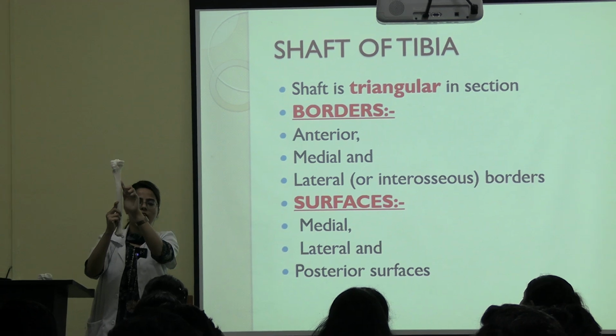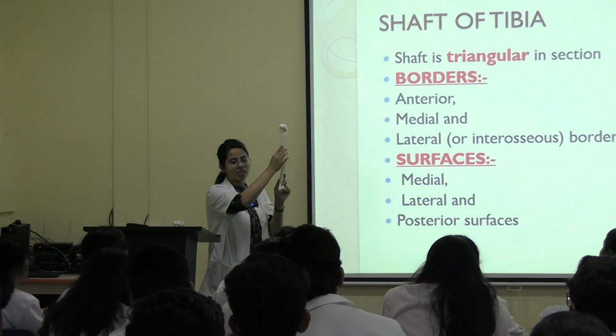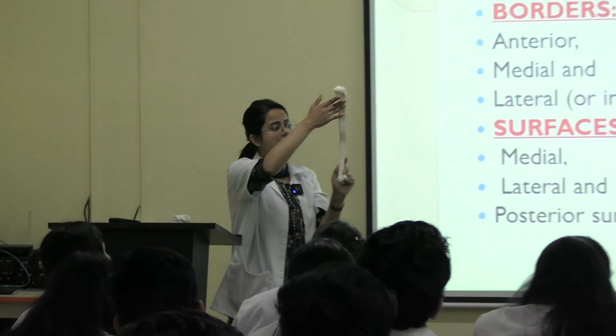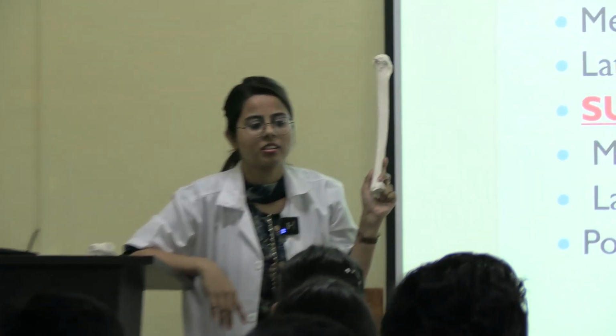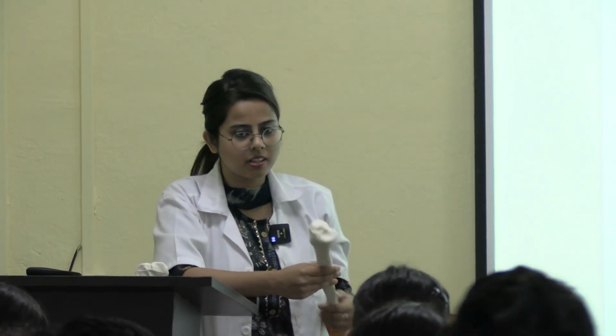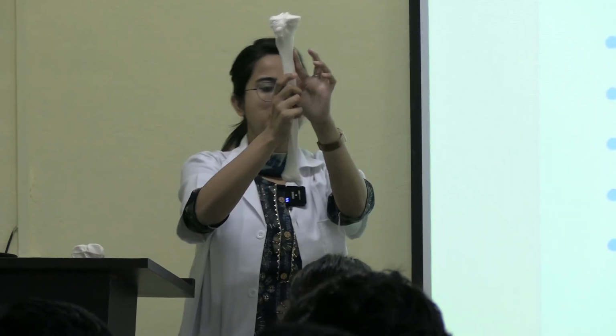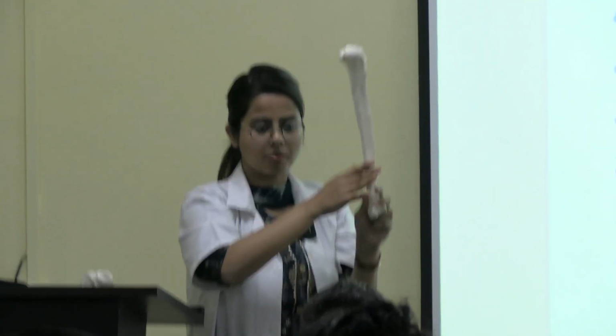So this will be which border? Medial border. Okay, and this is present laterally. So what is this border? Lateral border or interosseous border, because it is connecting with fibula with interosseous membrane. That is why interosseous border. Okay, so borders clear. Anterior border, medial border, and lateral border.